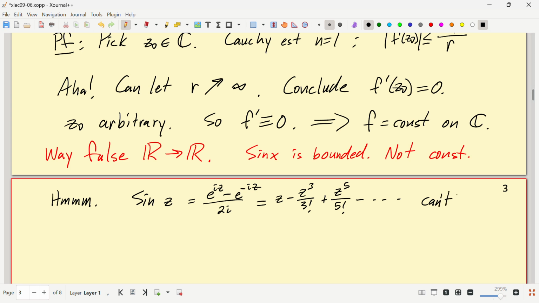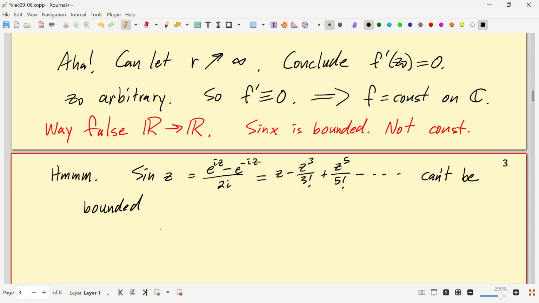It's not constant on the real line. So it's an unbounded function. So way different in the complex case than the real case. Something to note.